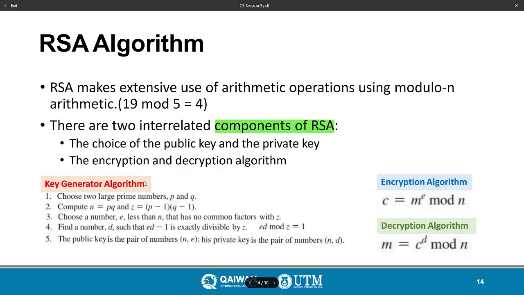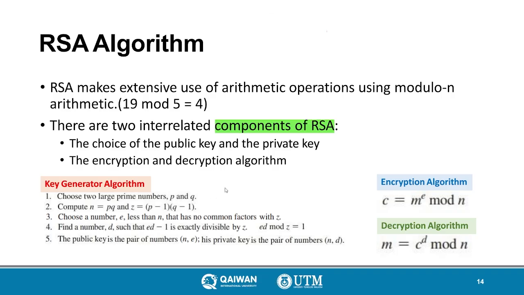Now, the key generation algorithm would be just like this. Choose two large prime numbers. Now, what are prime numbers? Can anyone tell me? Prime numbers are those numbers that can be divided only by themselves and the number 1.